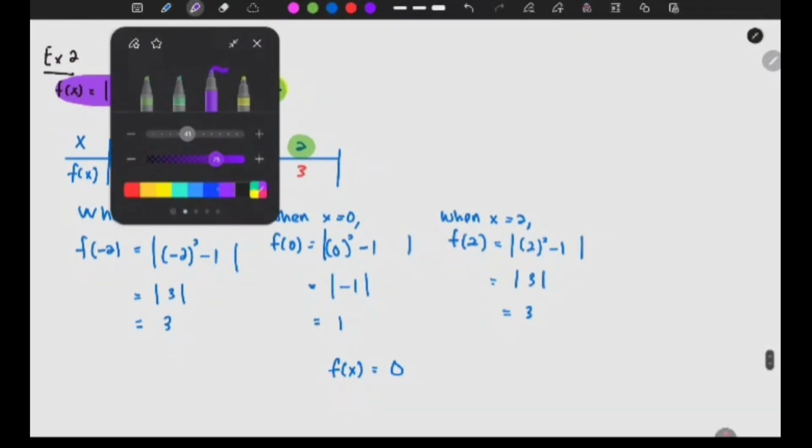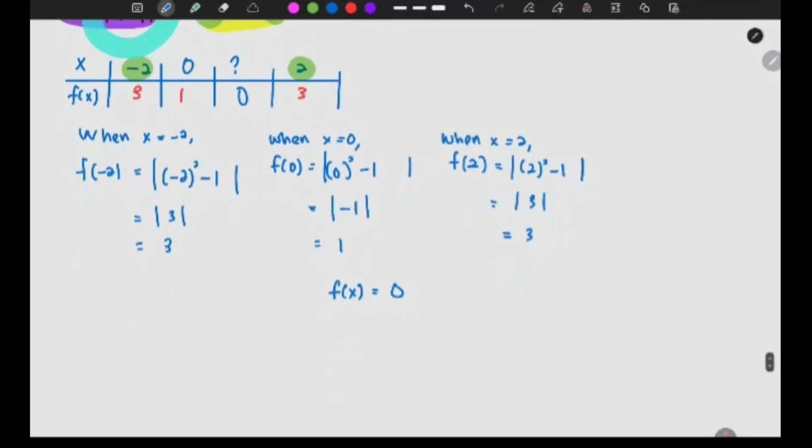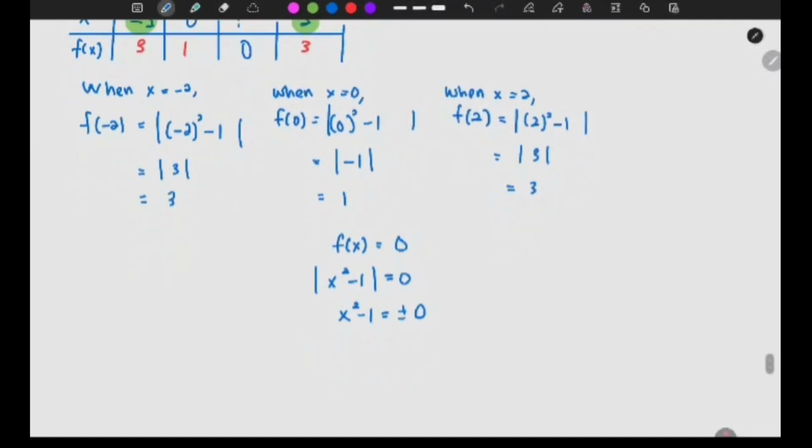And this is your f(x). And they said this is equal to 0. So let's just make it equal to 0. And the modulus, remember, bring that side, becomes plus minus 0. But for a 0, it's a special case, you can just ignore it, because 0 is not positive or negative, it's in the middle, so you don't consider positive or negative here.